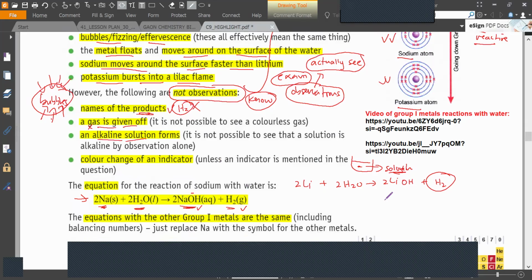We cannot say that it's alkaline just by looking at the solution. We need to test it. So this is not observation. Color change of an indicator. We cannot say that we have the color change unless we see it, only if we add the indicator. Okay, so that's the idea.